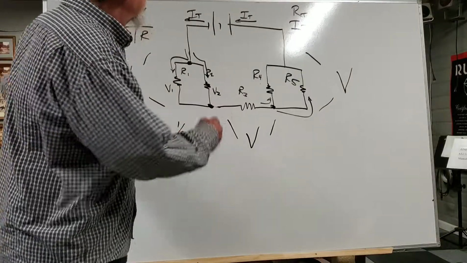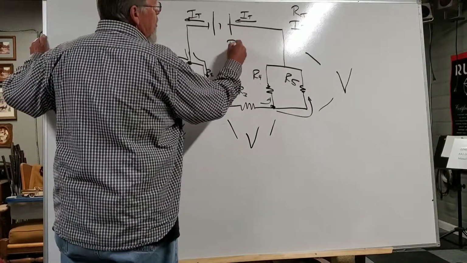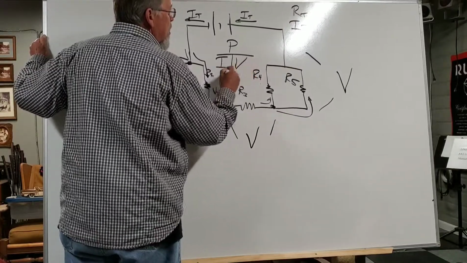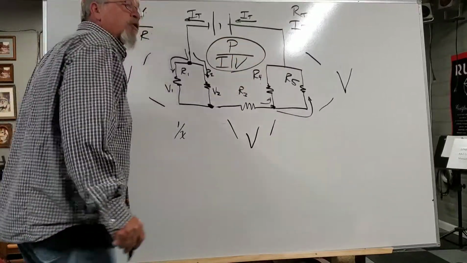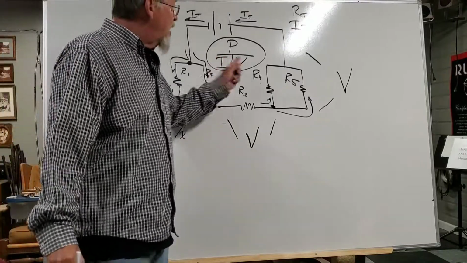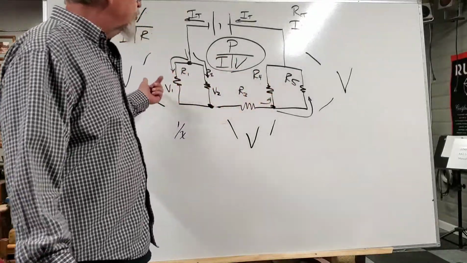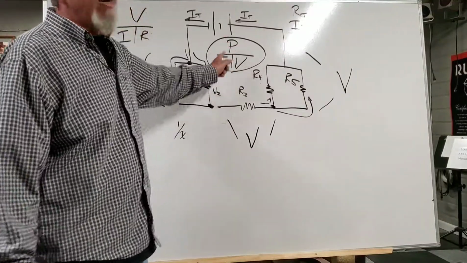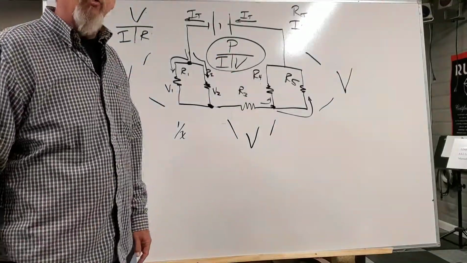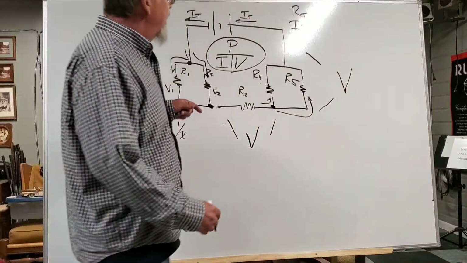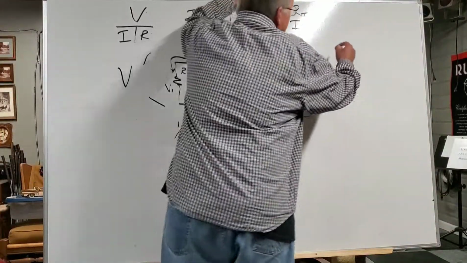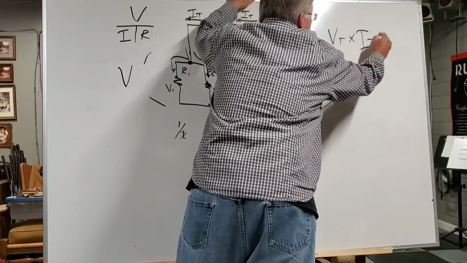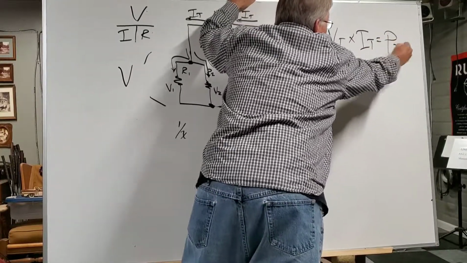So remember, Watt's law is power in the relationship of voltage and current. So after I have all my individual voltage drops and all my individual currents, I can turn around and find all my individual powers. And if I take total voltage times total current, I'll get total power.